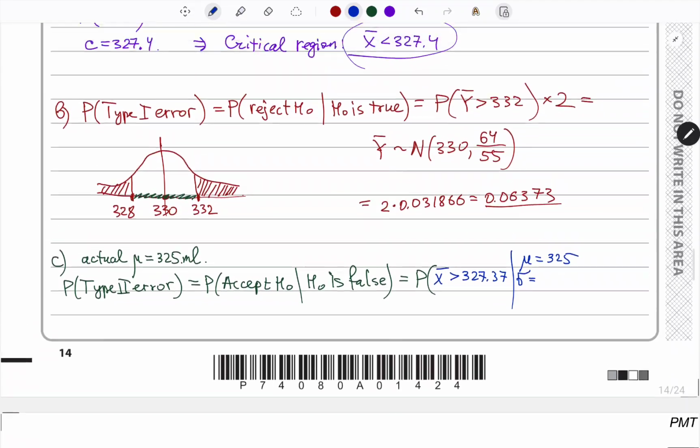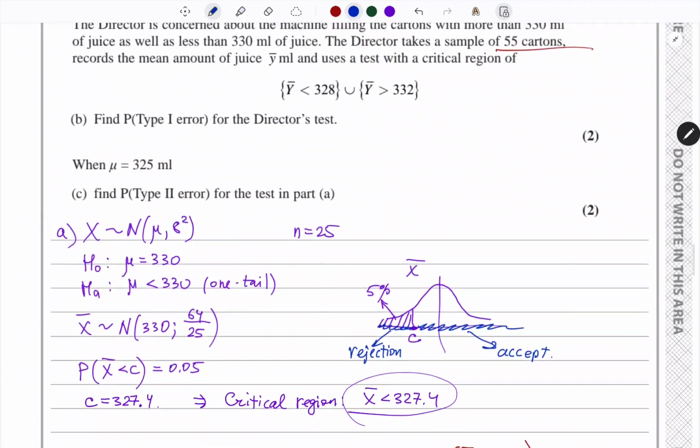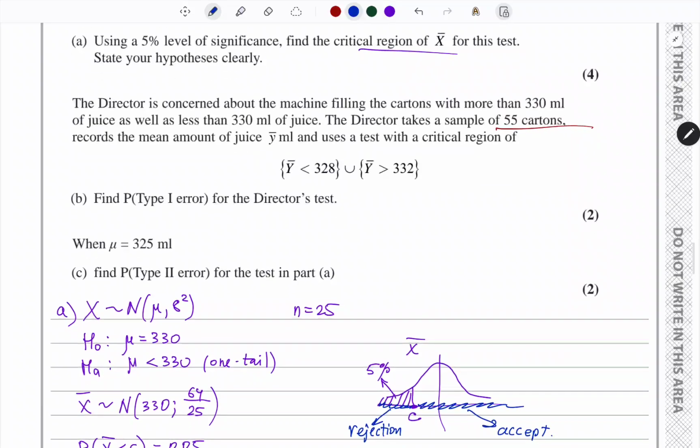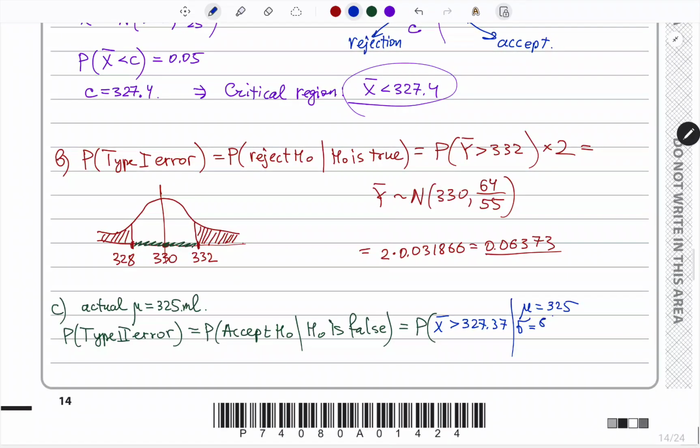It's a test in part A. This is test in part A. So here was variance. So sigma is root of this value. So it's 8 over 5. Yeah, sigma is 8 over 5. So you can find this probability easily. Again, using a calculator, 0.06927. That's it.